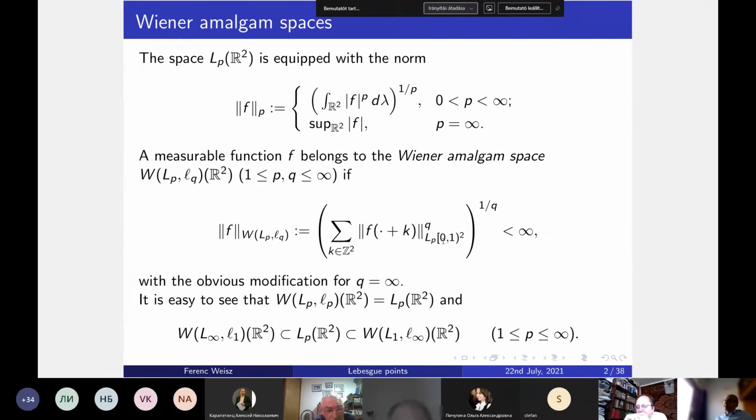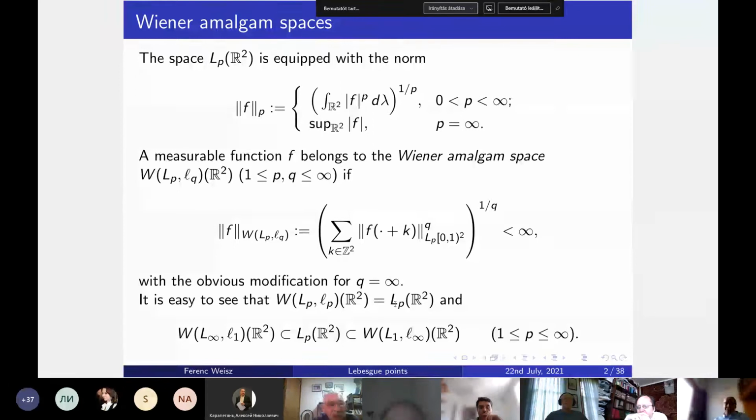It is easy to see that if p is equal to q, so the two indices are the same, then we get back the usual L^p spaces. The smallest such space is the W(L^infinity, L^1) space.